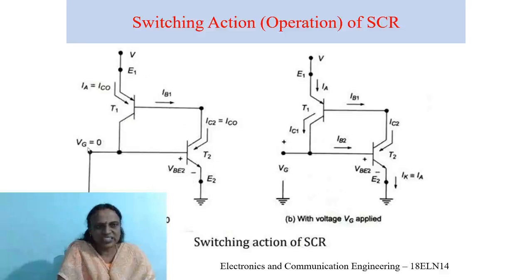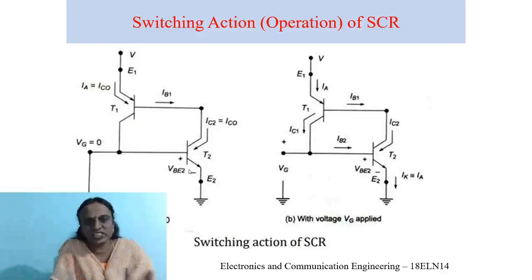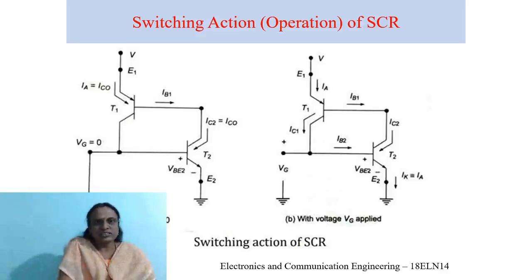So, as Vg is 0 and VBE2 is 0, this transistor T2 is in off state. Off state means the collector to base junction of T2, which has been shown here, through the emitter junction of T1, is reverse biased.